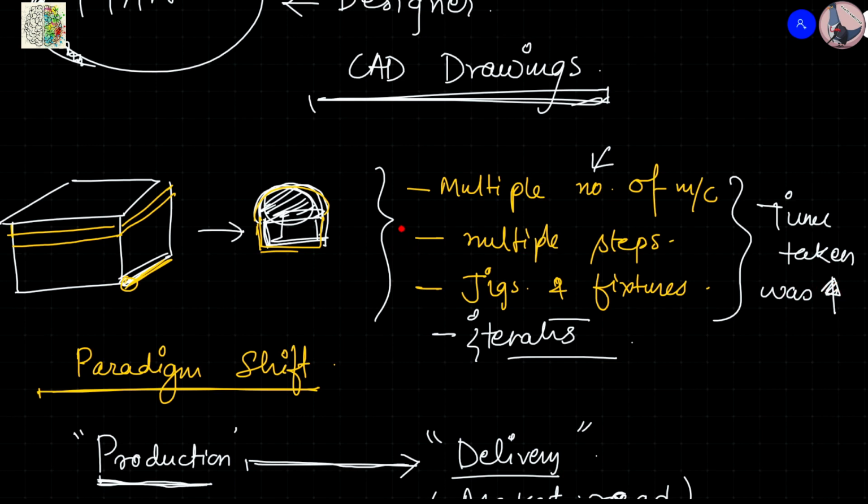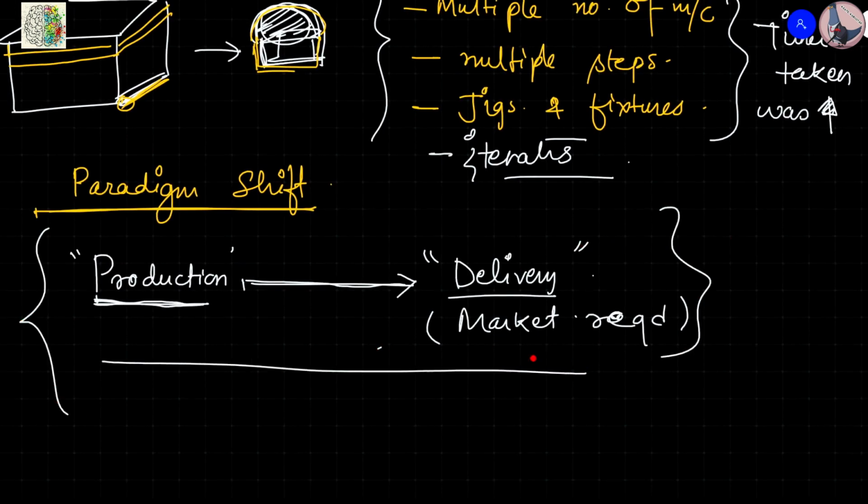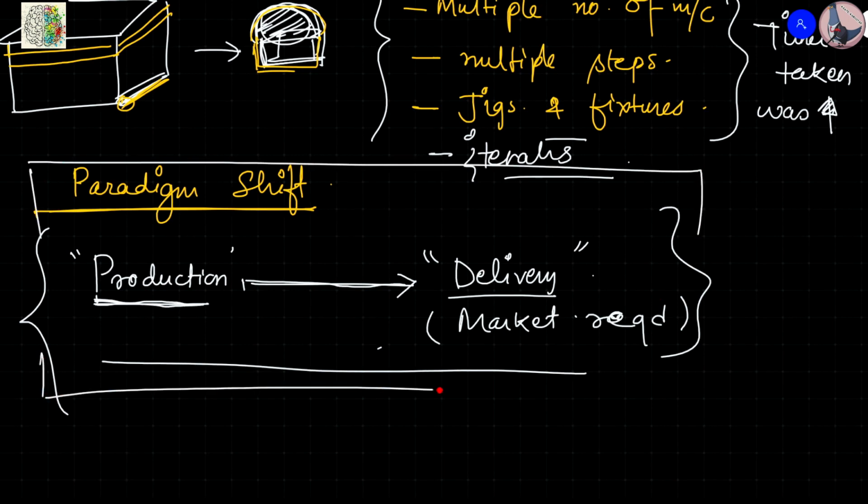So this became a very big drawback, and then sufficient steps were taken so that this paradigm shift could be taken care of. From production to delivery, the paradigm shift was the main reason which forced engineers and scientists to develop additive manufacturing techniques.